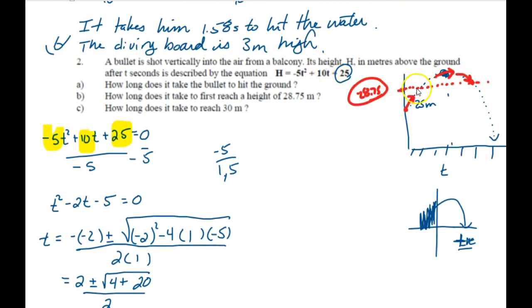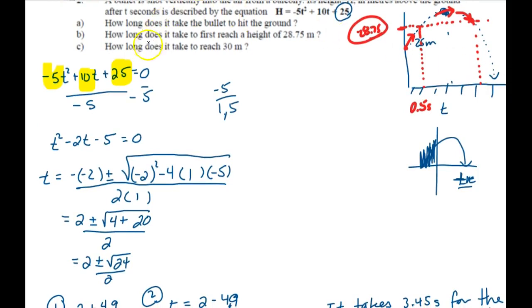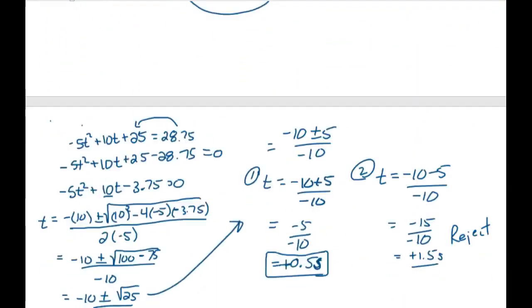So here, this is what we found. It reaches the height at 0.5 seconds the first time. We're not concerned with the fact that it reaches 28.75 on the way back down. And what's being asked here, how long does it take to reach a height of 30 meters? Same sort of situation.